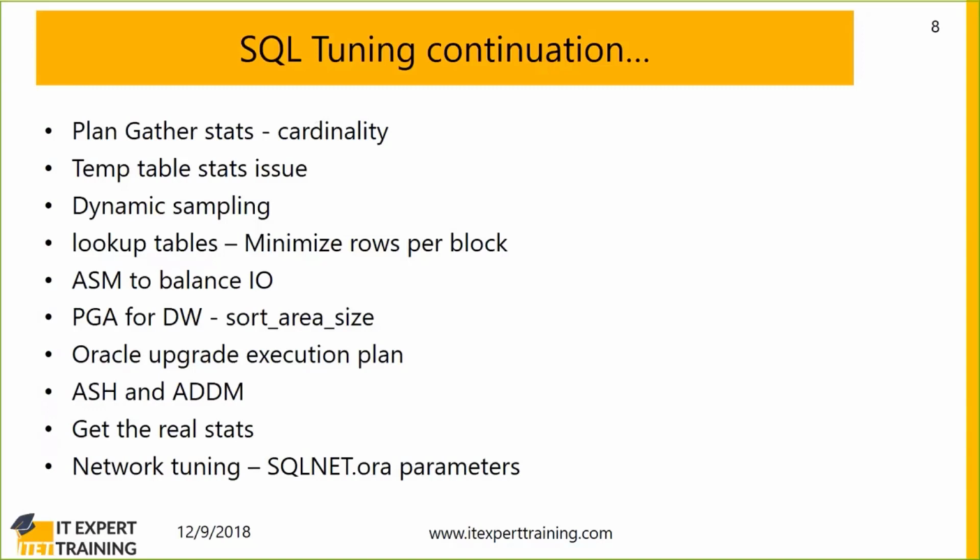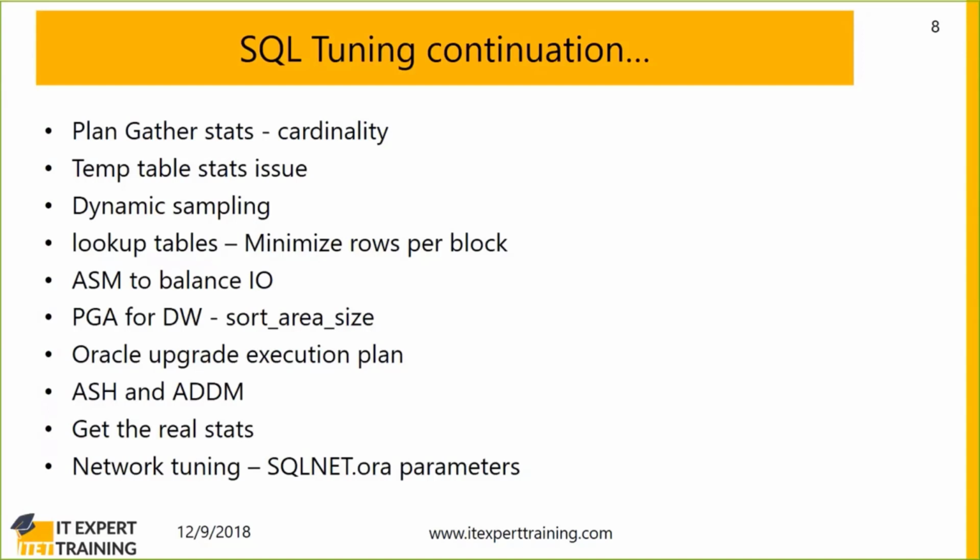Because if the database is say 5 terabytes, and the storage team ideally gives 5 terabytes of storage from different IO groups, but that is mounted as a single mount point, there will be issues. So we can configure ASM to balance the IO and avoid hitting the IO bottleneck.